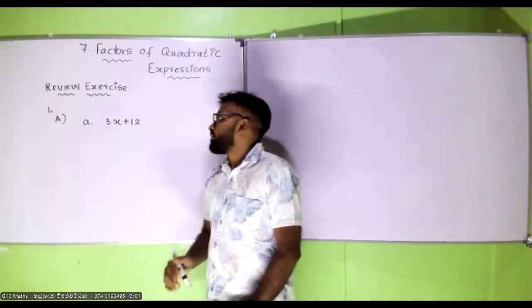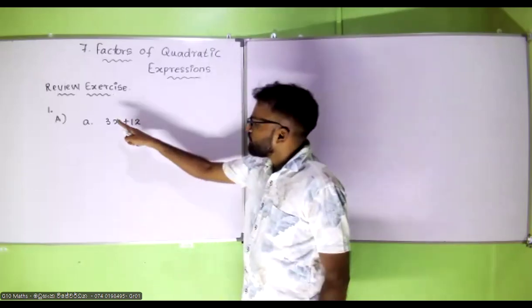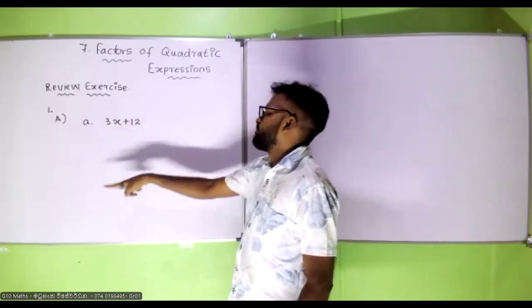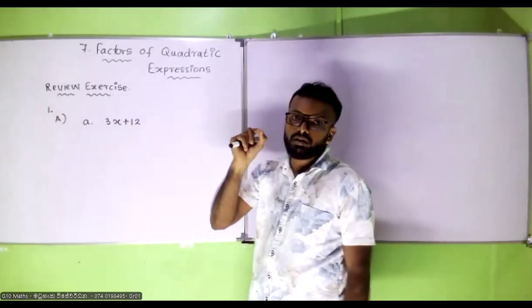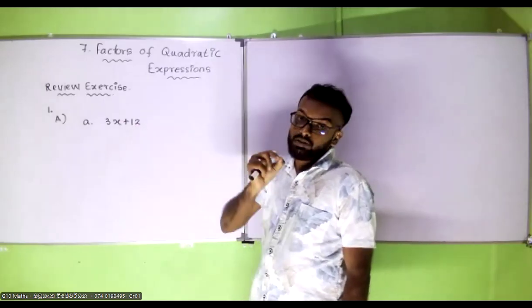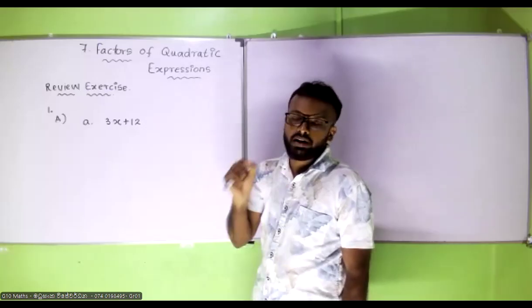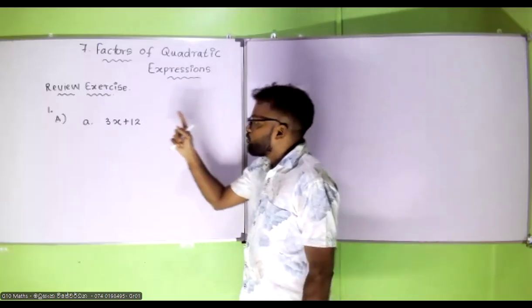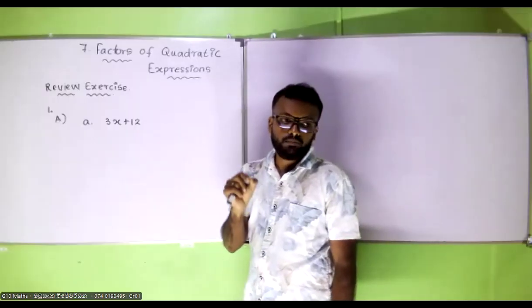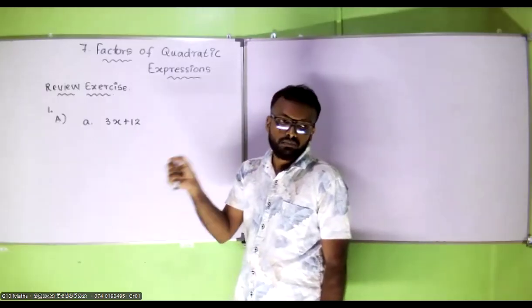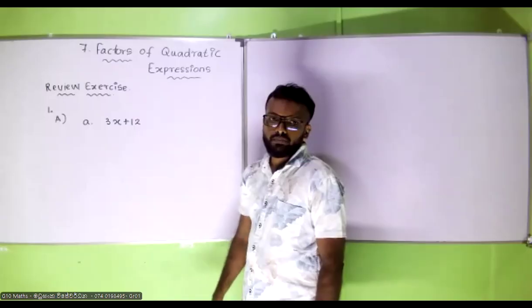Right. So for these terms, there should be a common number. That common number is called the common factor. So you can write this 12 as a multiple of 3 as well. That is 3 multiplied by 4.